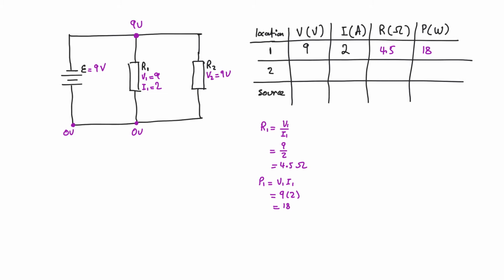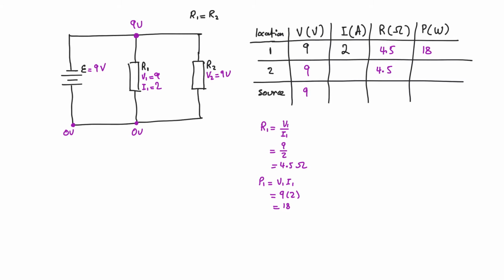I can put all those values in, so source has 9 volts, and location 2 also has 9 volts here. There was a piece of information that I had forgotten to put from this question initially, and the question itself does say that resistance 1 is equal to resistance 2. So resistors 1 and 2 are equal, so I can also add this piece of information here.